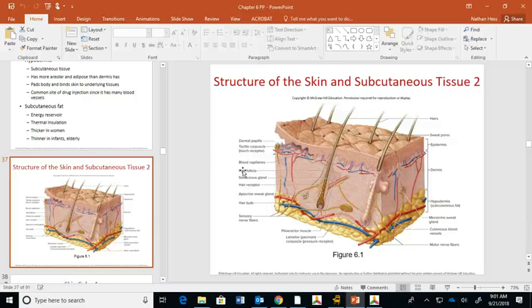All right, we're continuing with the skin. We covered all the pieces yesterday of the main organ of the integumentary system, the skin, right? Epidermis, which is the superficial layer. 5 layers of that, right? Stratum basale, stratum spinosum, stratum granulosum, stratum corneum, with the stratum lucidum in between, if you're in the thick skin, right?